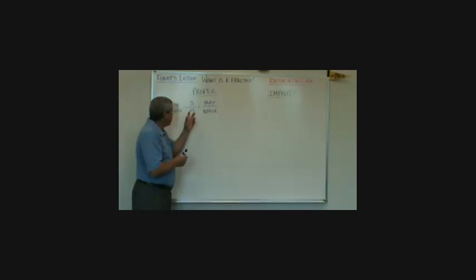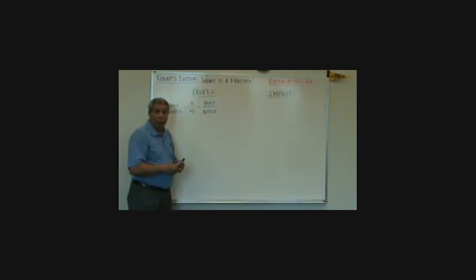Okay? So therefore, this is just simply a proper fraction. Okay? Is it greater than 1, less than 1, or equal to 1? Well, since we need 4 parts to make a whole, and we only have 3 parts, it is less than 1. And that is true for all proper fractions.